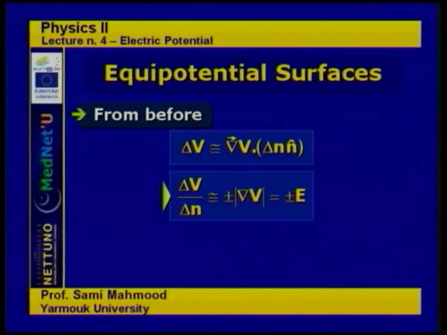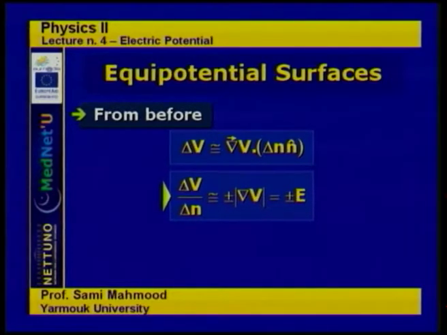V dot n, and gradient V is always perpendicular, normal to the equipotential surface. So it could be either in the direction of n hat or opposite to the direction of n hat. It's on that line. So it's going to be plus or minus the magnitude of the gradient of V. Plus if it's in the direction of n hat, and minus if it is opposite to the direction of n hat.